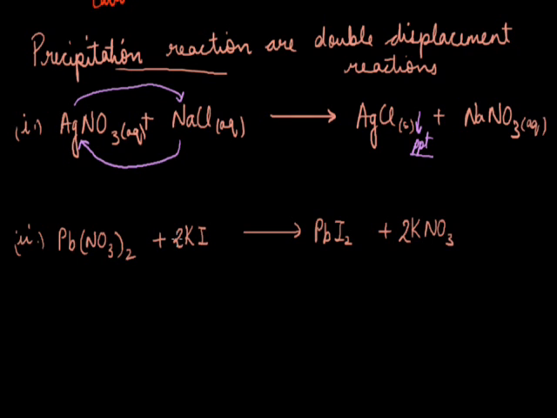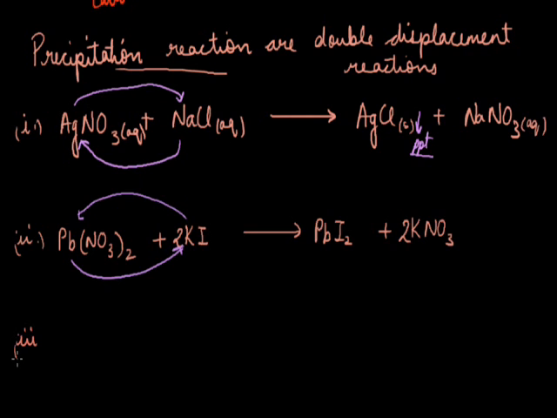So this is again a double displacement reaction. Here potassium is displacing lead and lead is displacing potassium.